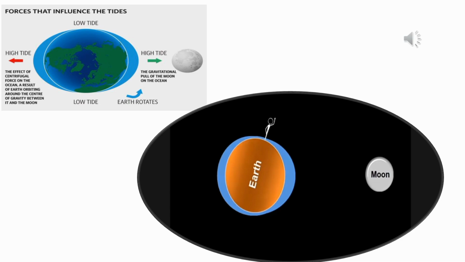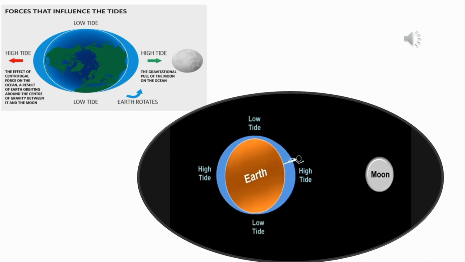But now, since the ocean tries to counter or to occupy the remaining space, it reduces and gives a smaller tide on the opposite side, on the other side of the Earth that is not experiencing the Moon.